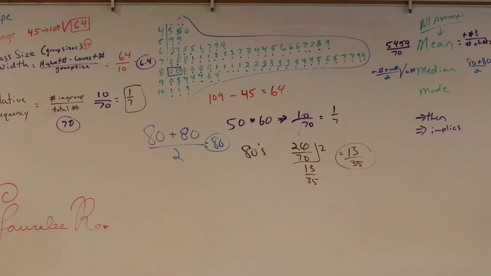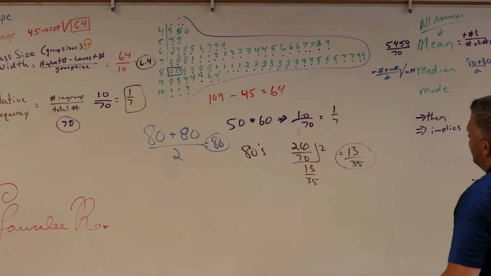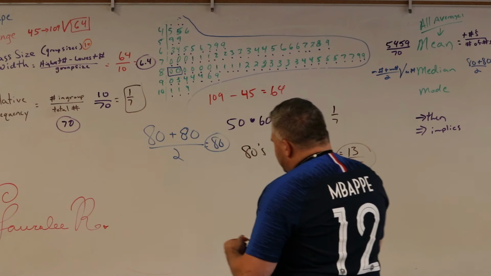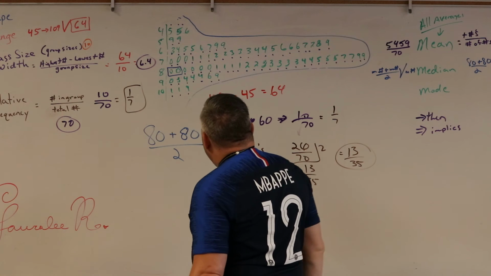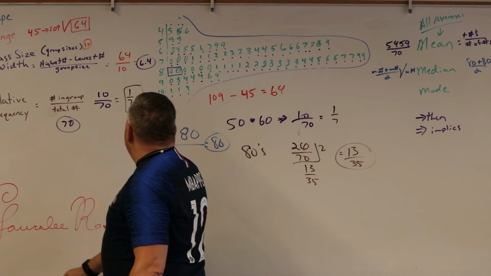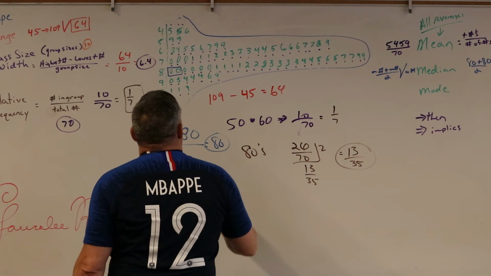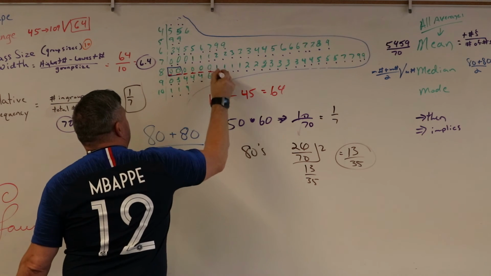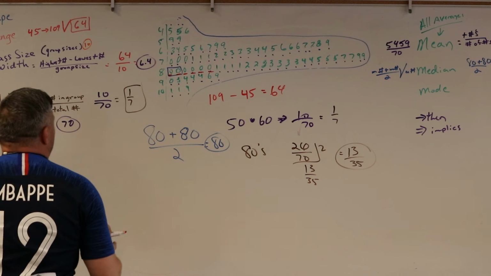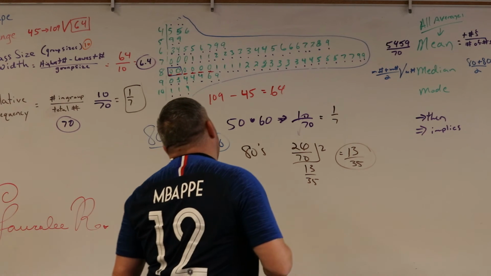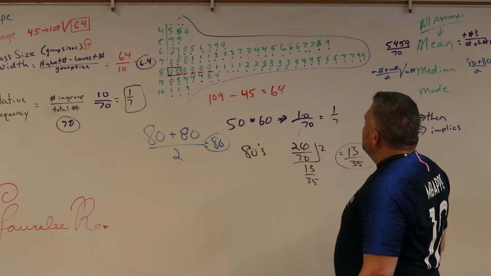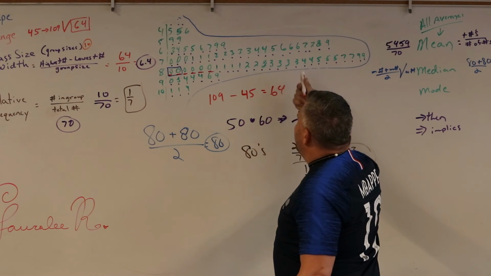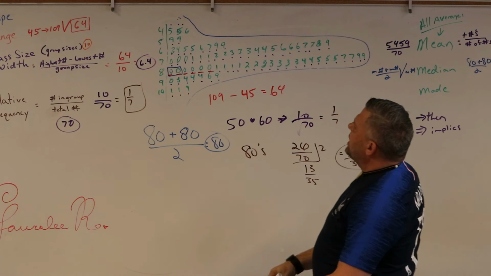Now we're going to take a look at our mode. What number comes up the most? And it's a really nice graph because we can go into it and go, well, look, this has 1, 2, 3, 4, 5, 6. Is there any more numbers that come up more than 6? And I thought, ooh, maybe there's 3, but it's 1, 2, 3, 4, 5. And I was like, dang it, okay?